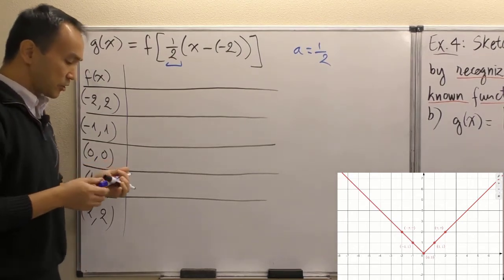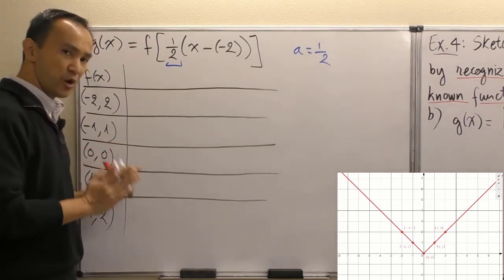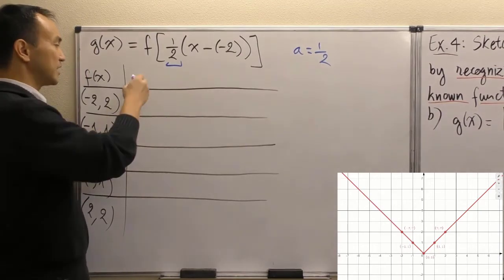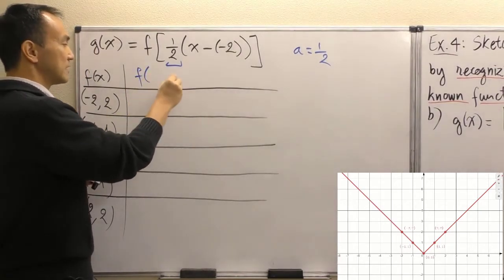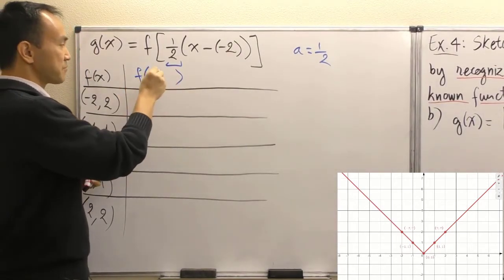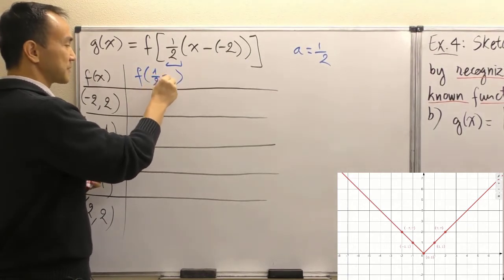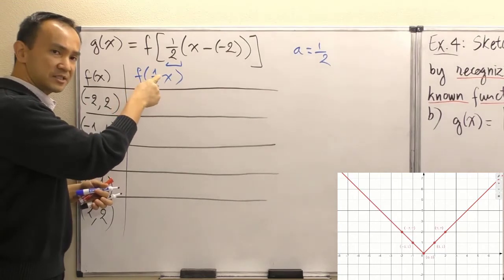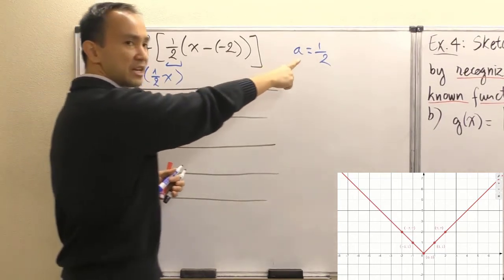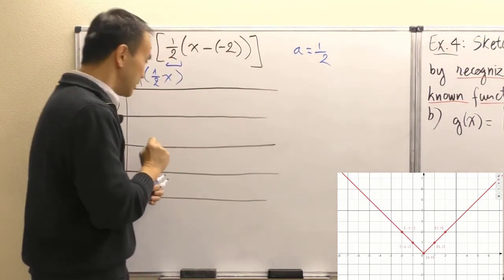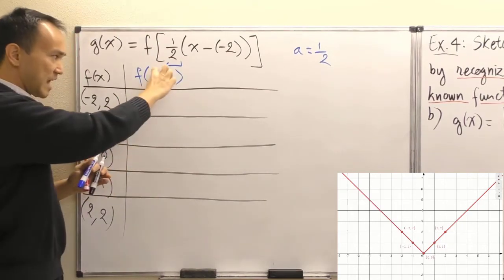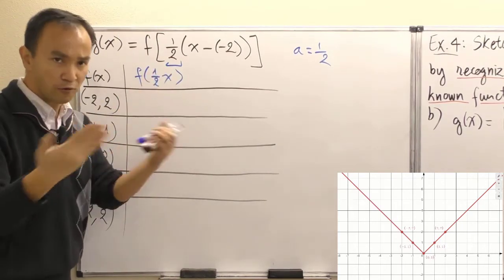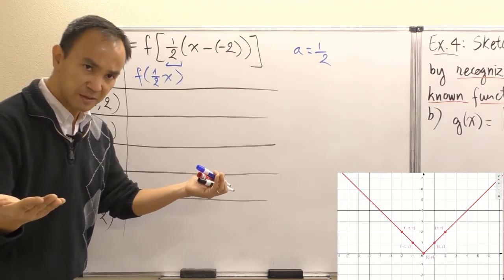And so now let's look at the transformed points after applying the first transformation step. So how about f of 1/2 x? As I said earlier, with this form f of ax, this a is 1/2. The a value here is a positive value, so no horizontal flip is expected here.